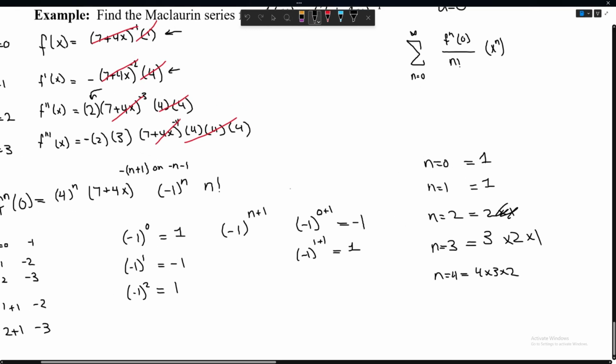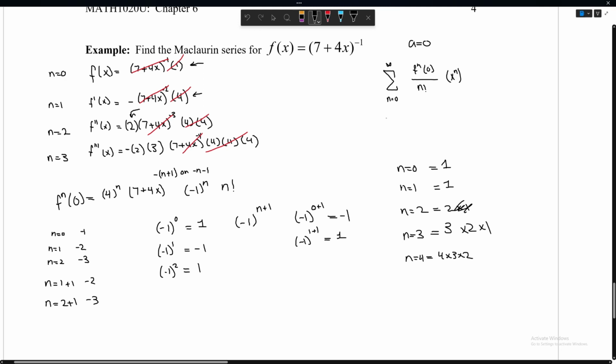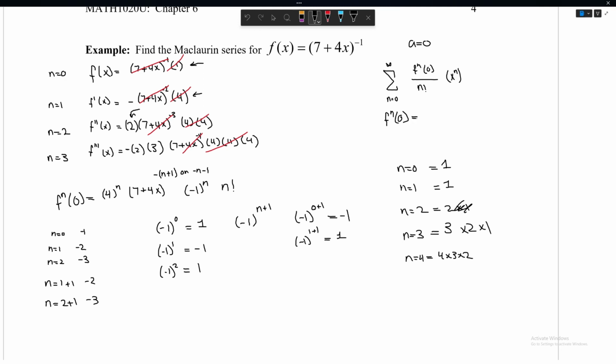If I rewrite this here, on my f at n at 0 equals, we have an n factorial. But actually first, let's put the negative 1. So negative 1 to the n times 4 to the n times, I'm thinking, can we combine these into one number?